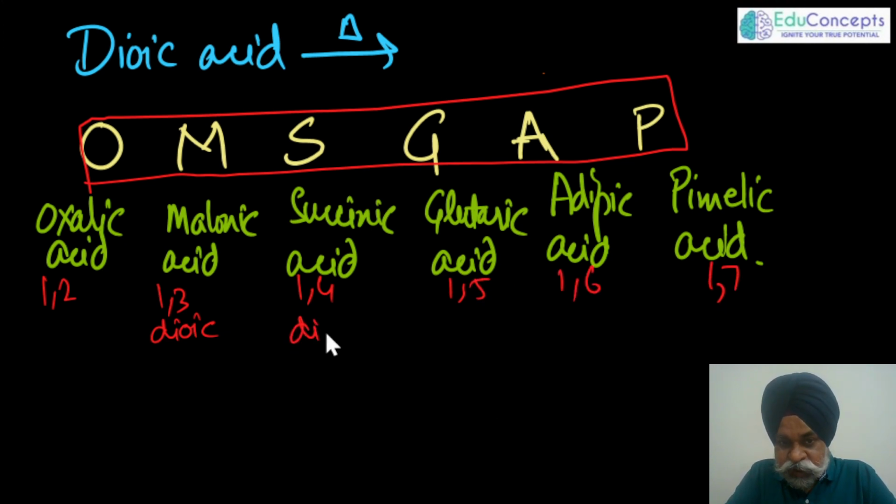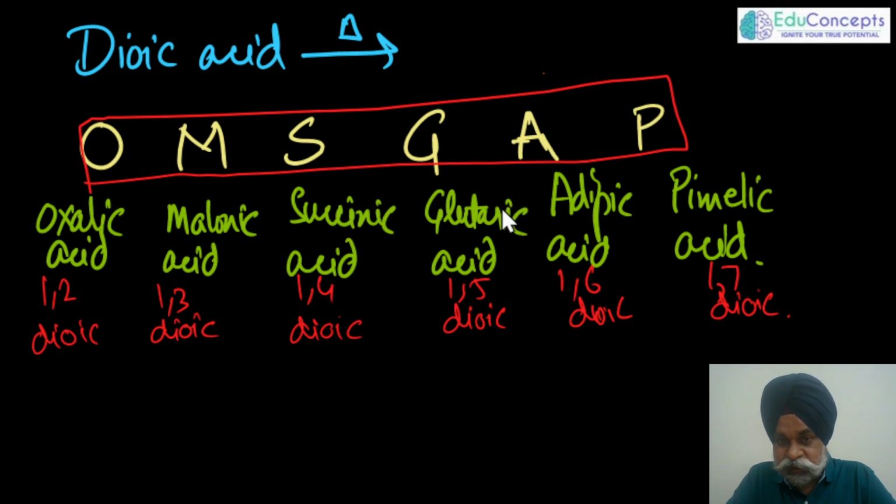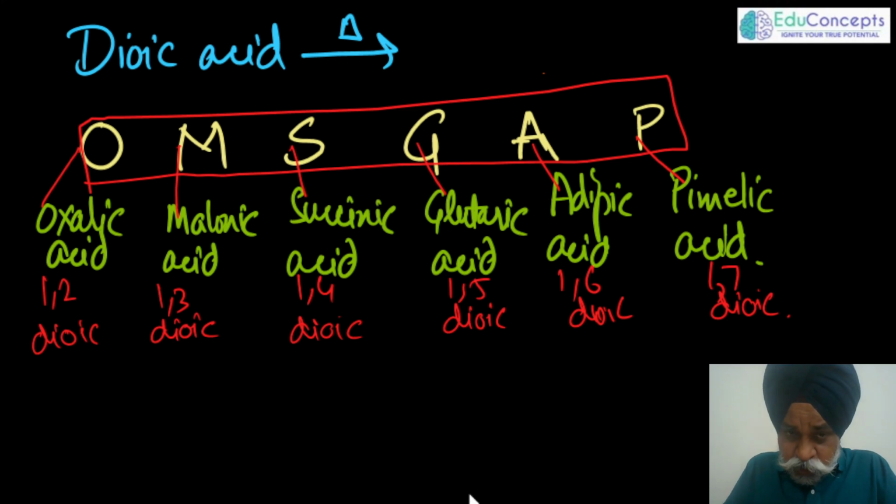All of these are dioic acids. When these dioic acids are heated, you end up getting different products, and this is very important. So oxalic, malonic, succinic, glutaric, adipic, and pimelic acid, sorry. I have taken the first alphabet of all these acids, and as a result it sets as Om's gap.